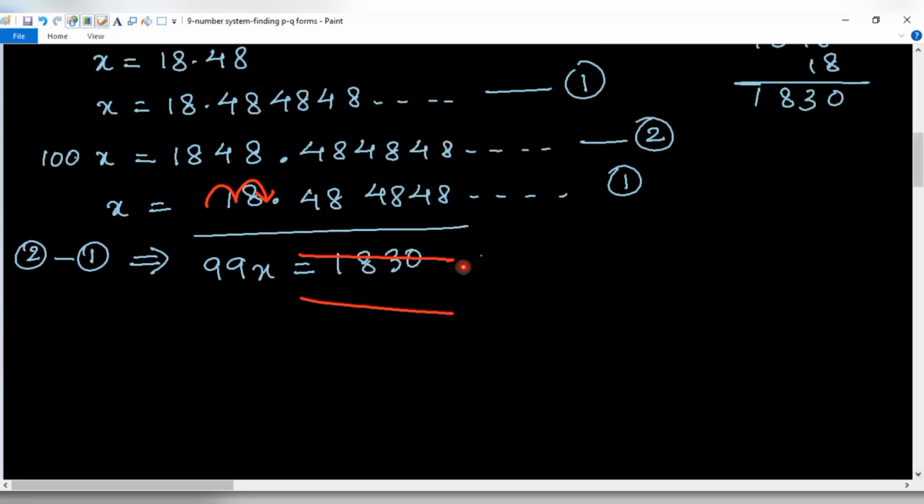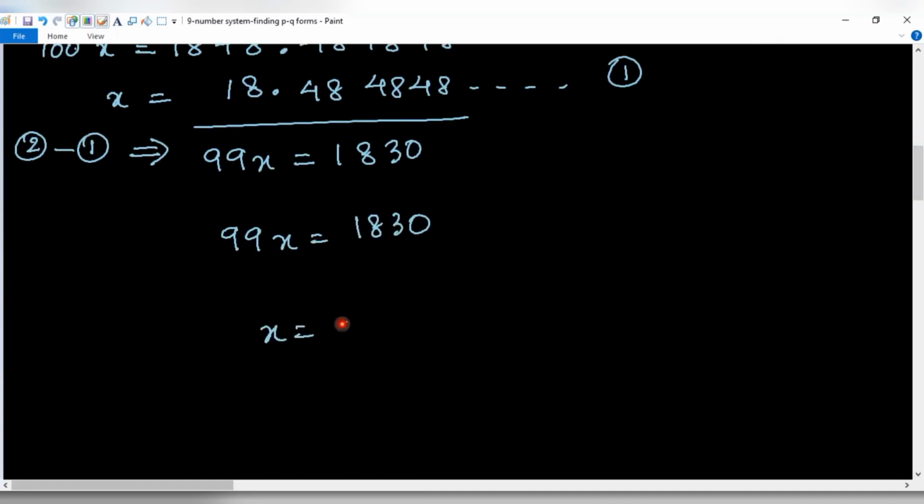So 99x is equal to 1830, and x is equal to 1830 by 99. We have to make it into the smallest form. These two numbers are divisible by 3, so let us divide by 3. We get 610 by 33. This is the final answer.